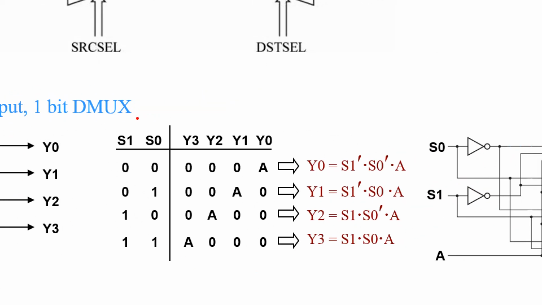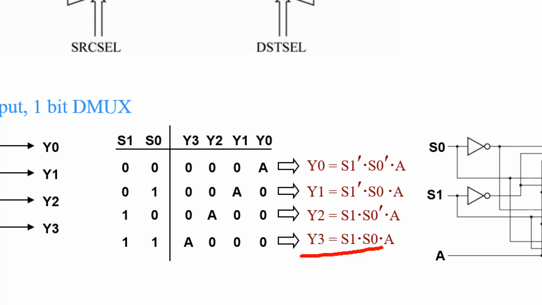So if you obtain this, actually you can write the equation for each output. For example, Y3 will be A when the input is 1, 1. So you can write it as S1 and S0 and A, for Y3.